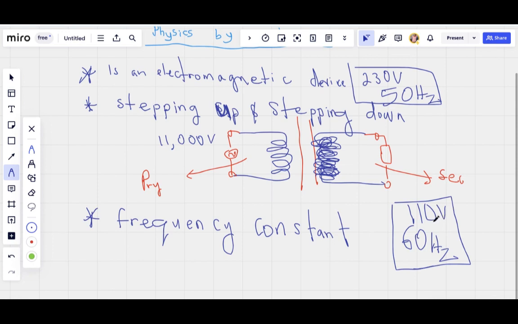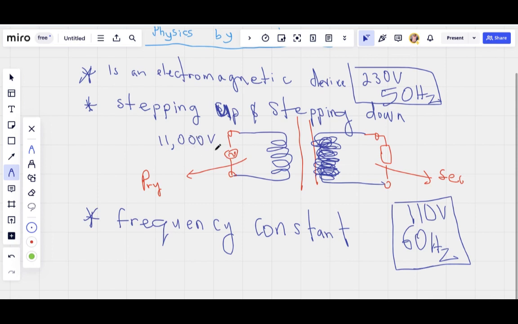I think the United States uses 110 volts and 60 Hz. So if you're using 60 Hz, your domestic voltage will be 110. It depends on what the country decides to use.